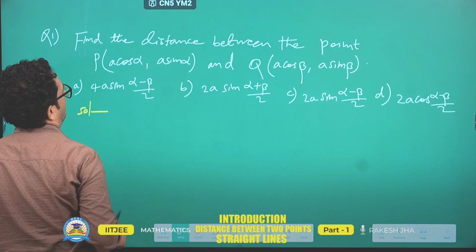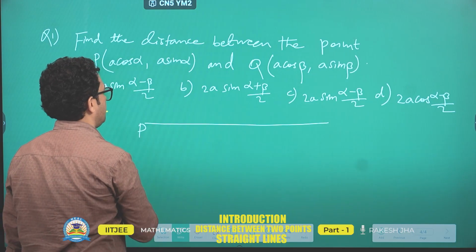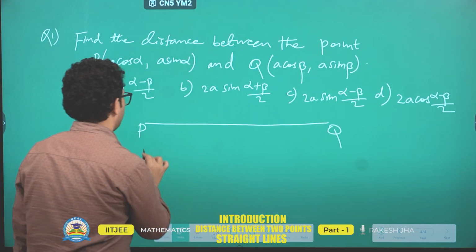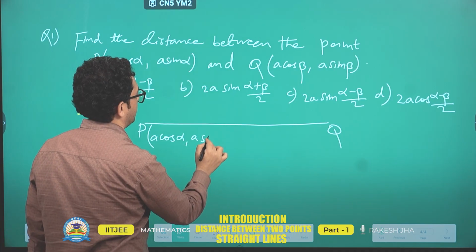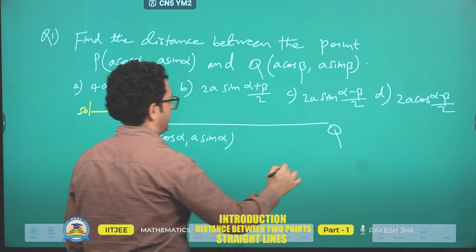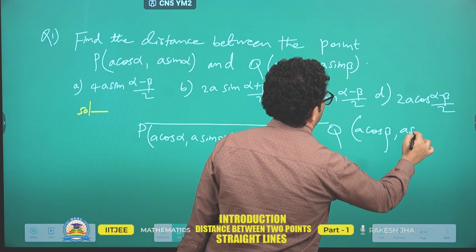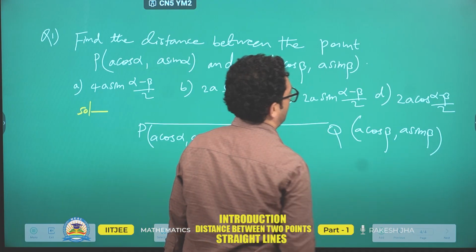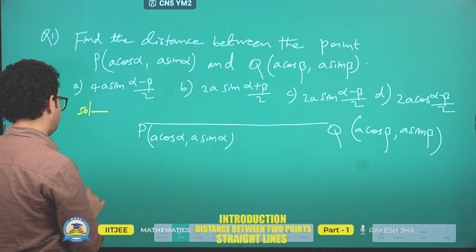So here we have the points. Let's say this is the line segment P and Q. The coordinates of P are a cos alpha and a sin alpha. The coordinates of Q are a cos beta and a sin beta. So now you have to find PQ.